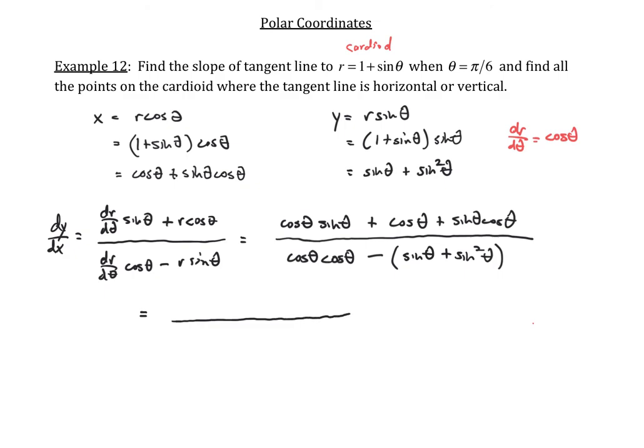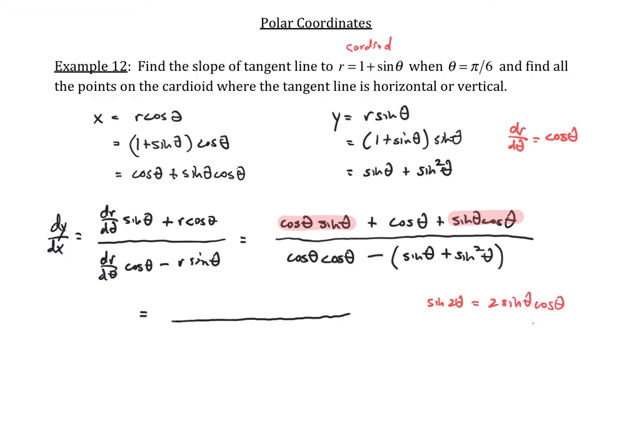Okay. The first thing I want to point out to you is, let me use the highlighter. We have this cosine theta sine theta, and this sine theta cosine theta. So we can use the double angle formula. Sine of 2 theta is equal to 2 sine theta cosine theta.